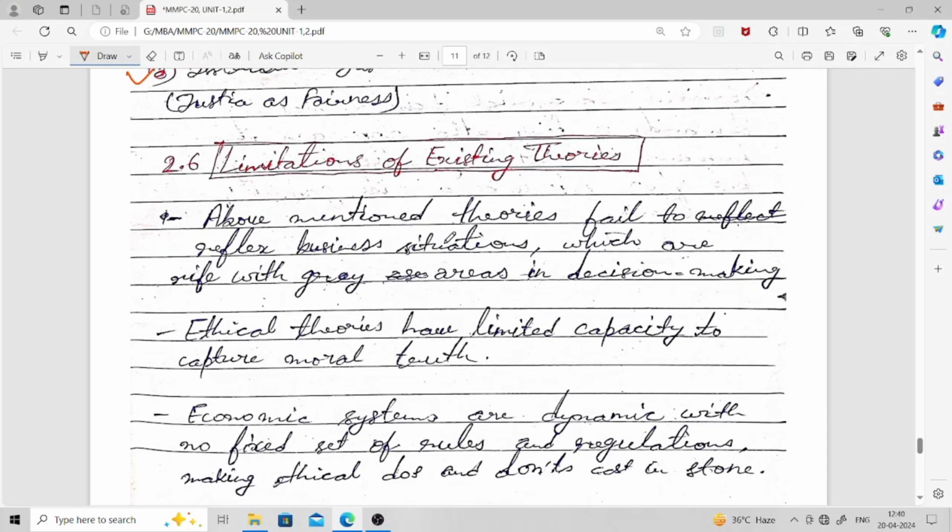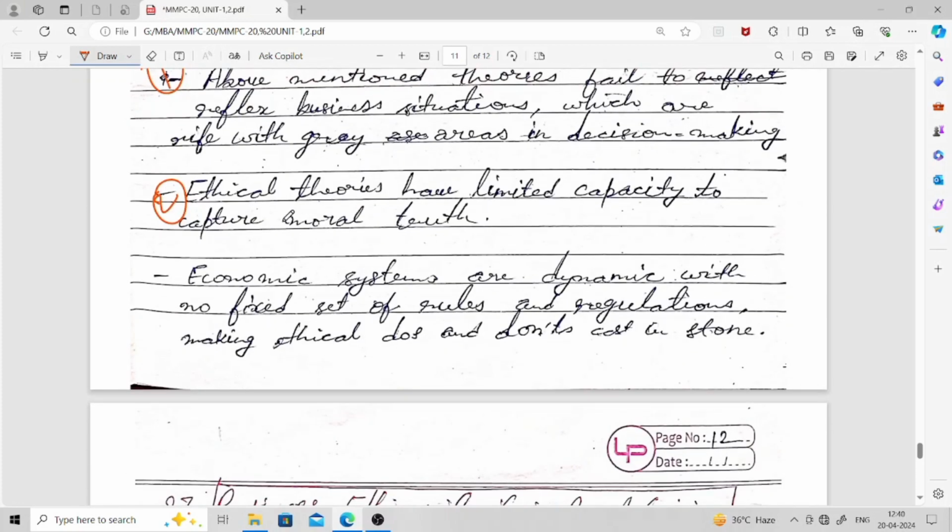Some business situations are in the gray area, and those gray areas are not covered by these existing theories. Ethical theories also have limited capacity to capture moral truth.